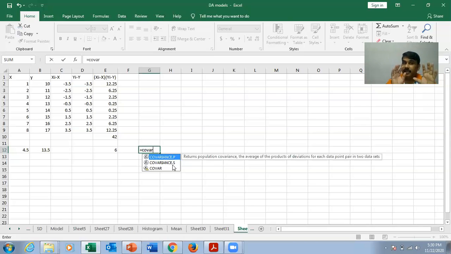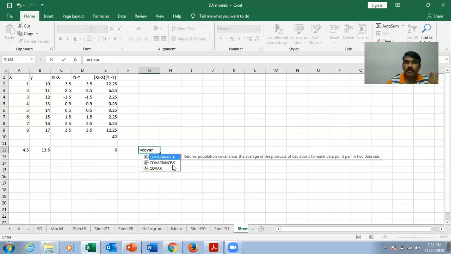If in your study you have a large database and on it you have two certain representations, then it is COVARIANCE.S, covariance dot s. And if all the items of your study are taken for analysis, you should use dot p, because population means you are not leaving anything out.